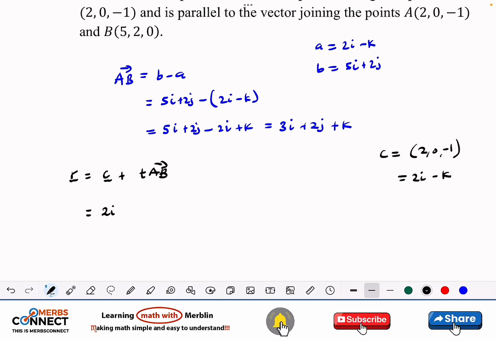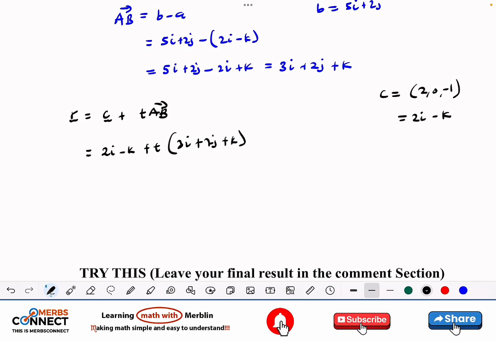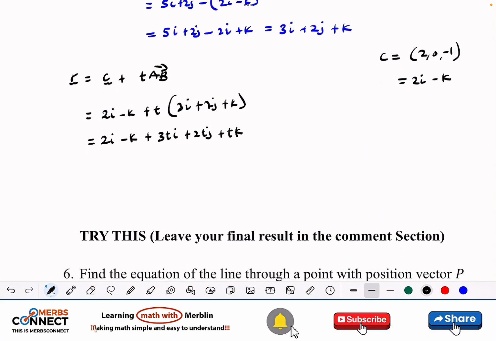So c is 2i minus k plus t times 3i plus 2j plus k. So we are going to have 2i minus k plus 3ti plus 2tj plus tk. Group items with i, j, and k.